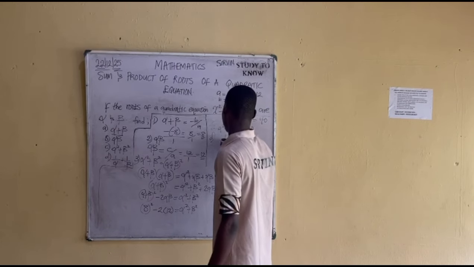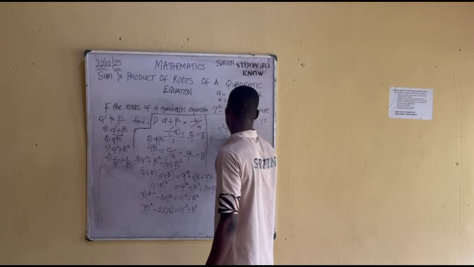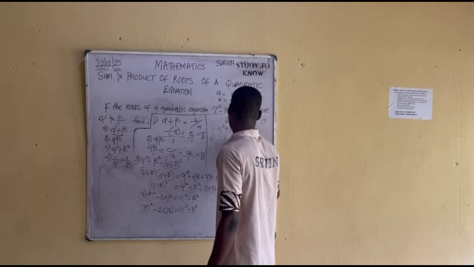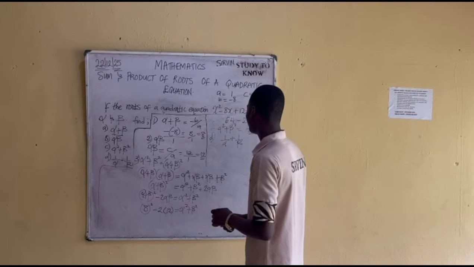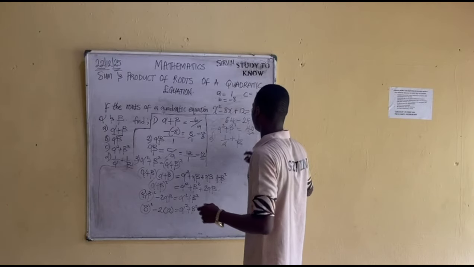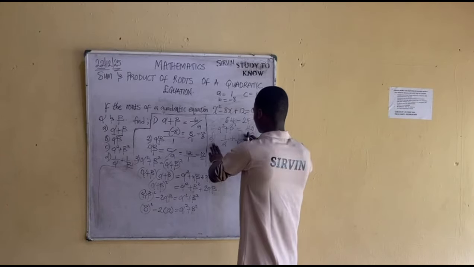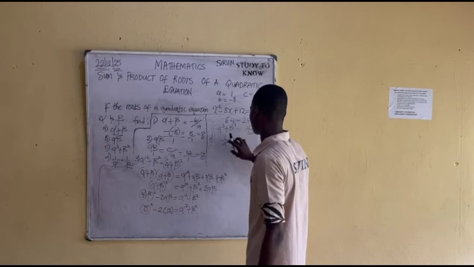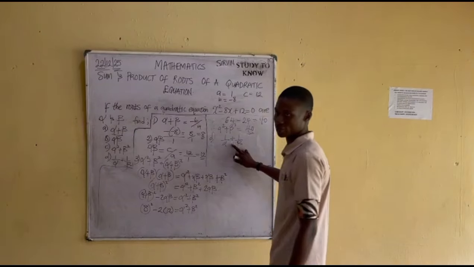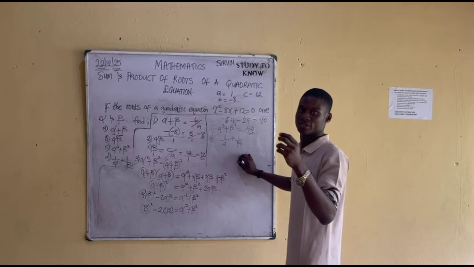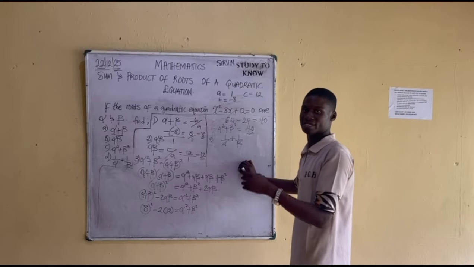I'm given 1 over alpha plus 1 over beta, right? So anytime I give you any question that has two fractions, demarcated with either a positive or negative sign, the first thing that should come to your mind is what? LCM, getting the LCM.